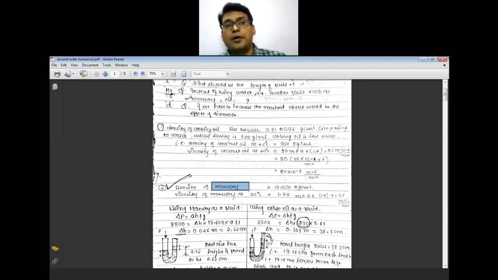If water is used as the manometric fluid and shows a difference of only 3 centimeters, can I go for mercury? No, I cannot, because mercury will show a very small difference because of its very high density. Even cooking oil will not work, or I have to reduce the density. Sometimes acetone or xylene will be required, where the densities are lower, so that I get a higher height difference that is readable.